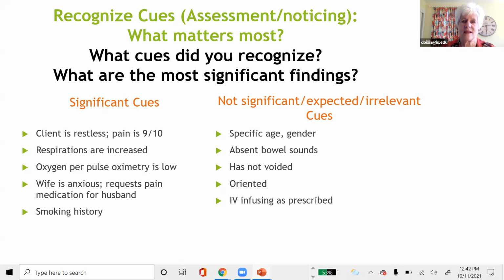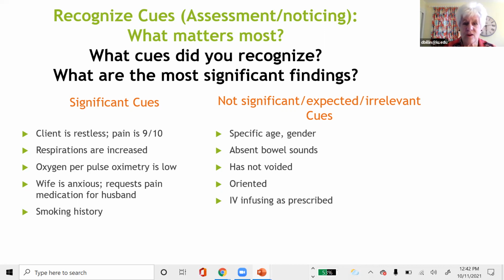Here are some things that I would say are not expected or not significant, things that would be normal and maybe even irrelevant in this situation. I think you noticed all of that. The absent bowel sounds, you mentioned that, and it's true, but whether that's expected.